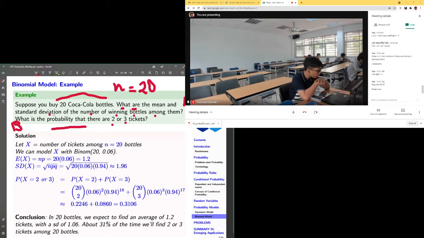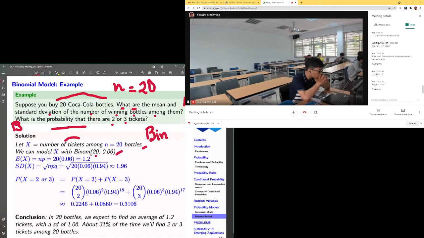So we define the capital X to be the number of lucky tickets among a total of 20 bottles. If you define the number of lucky, that means the number of successful events. Therefore, by the theory, the capital X can be described by the binomial with the parameters here. In my textbook, for the binomial model in the general case, I write the binomial with n trials and small p, the successful likelihood.